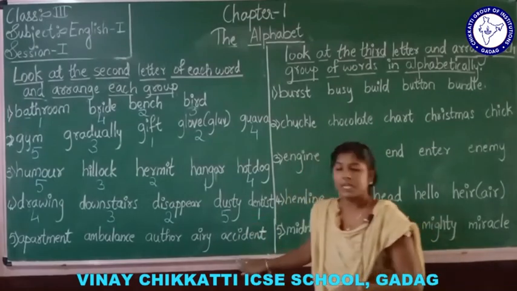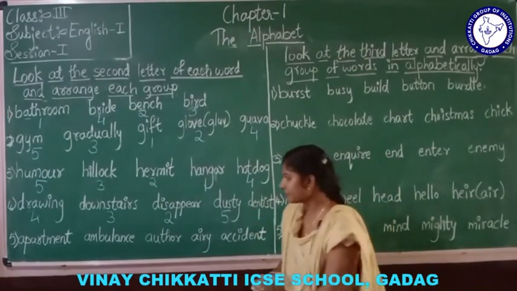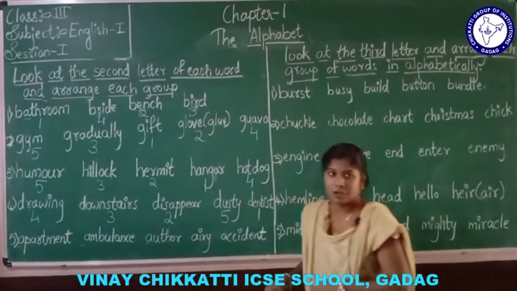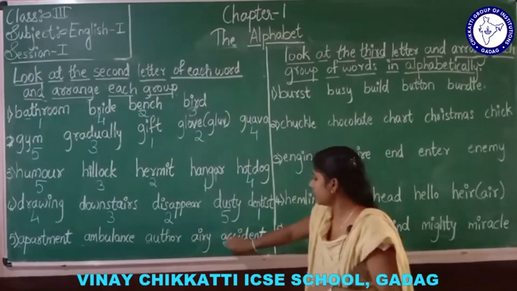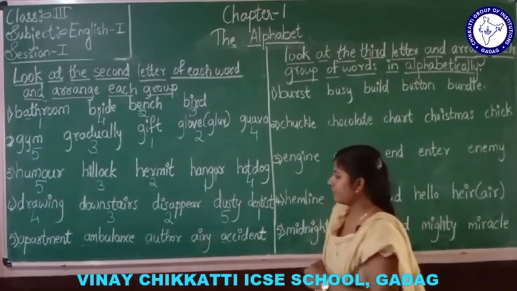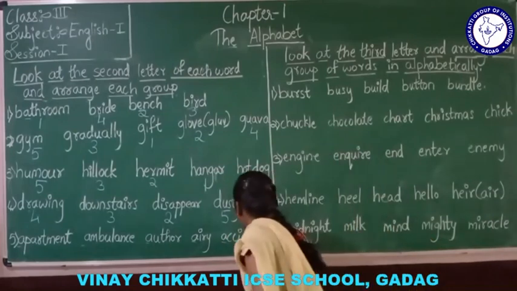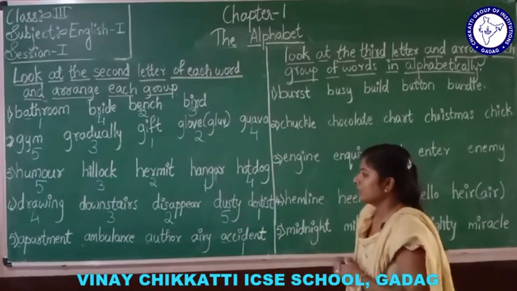Now coming to the last one, all start with A itself. All the words of this start with A itself. So what is the first one here? A, B, C, accident. Next, start.